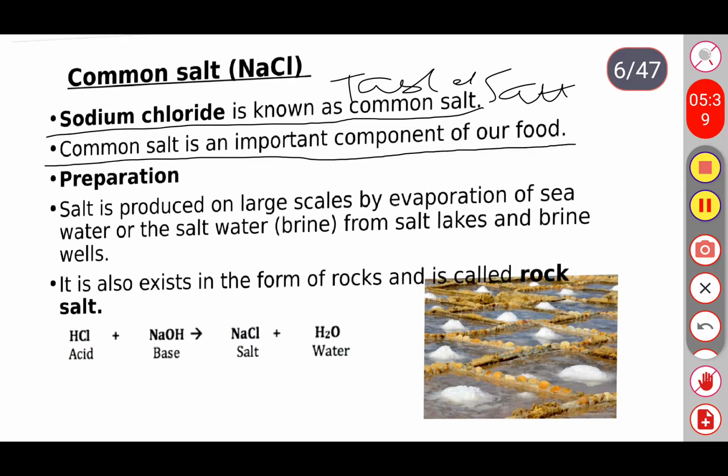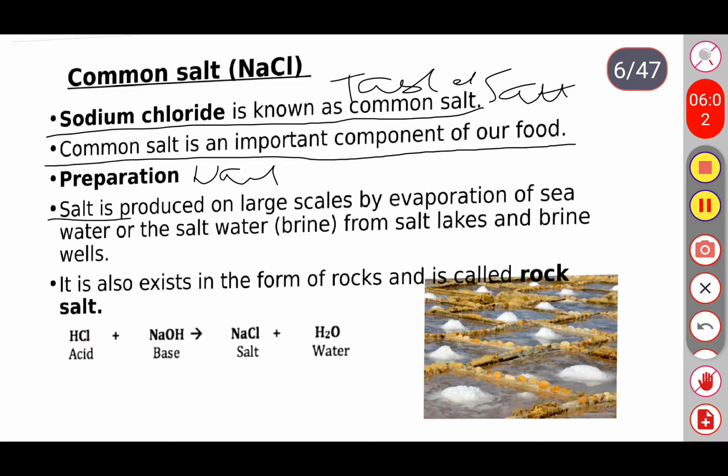So how are we going to prepare this common salt? As we already discussed in the previous slide, common salt is prepared with the help of sodium hydroxide and HCl. See the preparation of NaCl.